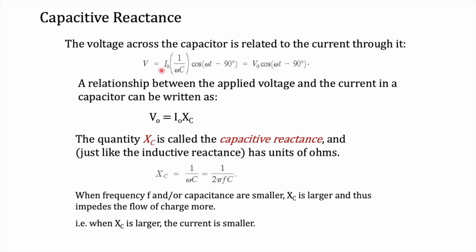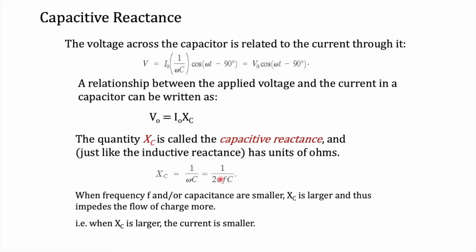We call that capacitive reactance XC, and comparing that V naught is I naught XC to this equation, where V naught is I naught times 1 over omega C, you put these two equations together, you get XC is equivalent to 1 over omega C. And again, omega is 2 pi F, hence XC, the capacitive reactance, is 1 over 2 pi FC.